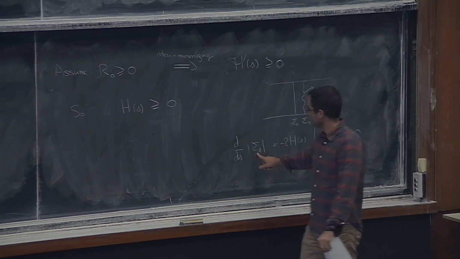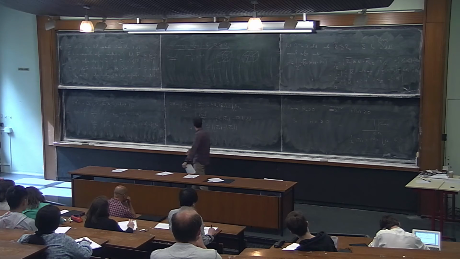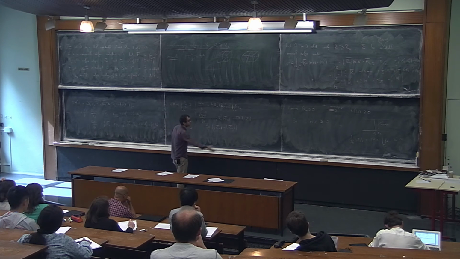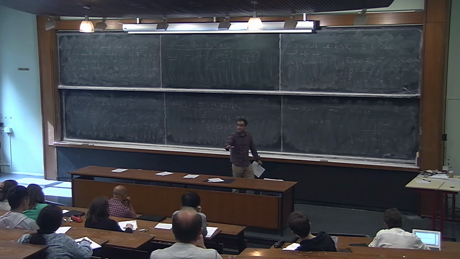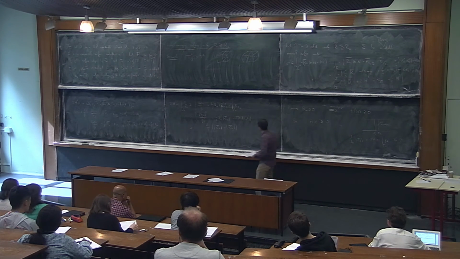So the area here is decreasing, but you are area minimizing, so you have a problem somewhere. It tells you that in your long inequality there, you have equality everywhere. And so you get equality everywhere.